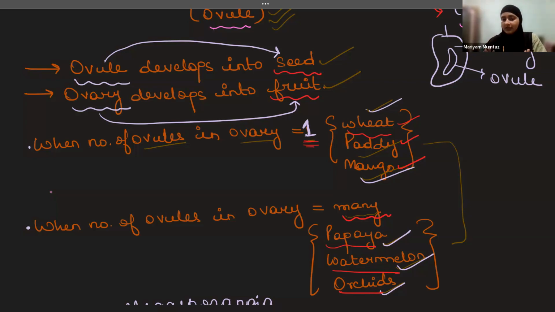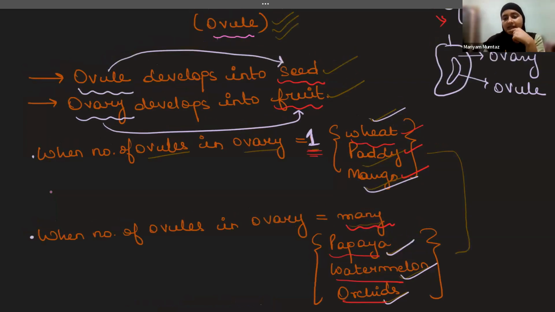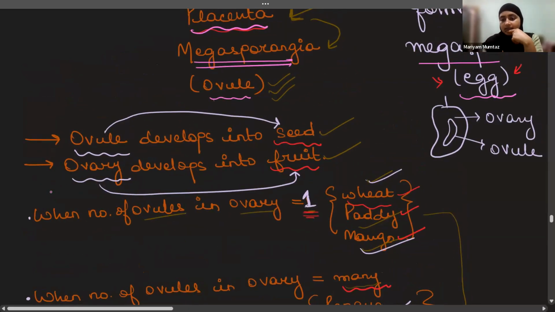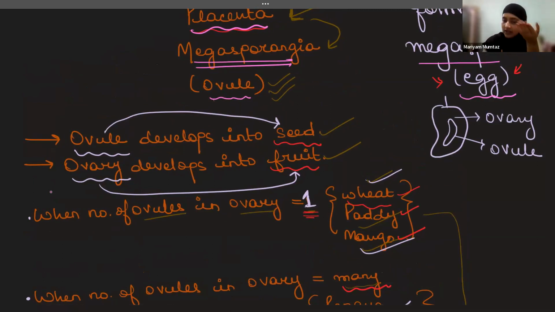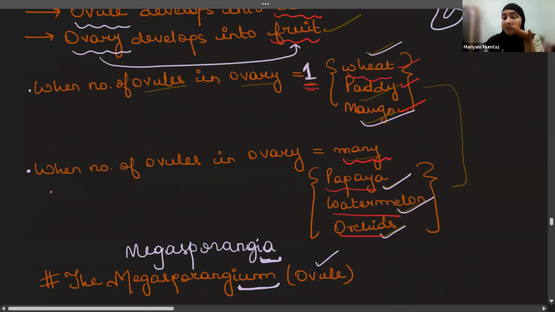Now, we know that mango has one ovule, meaning mango has one seed. And can you tell me an example wherein multiple ovules are present? Watermelon. Watermelon, correct. Watermelon, papaya, right? So many seeds are there. So those seeds are ovules.